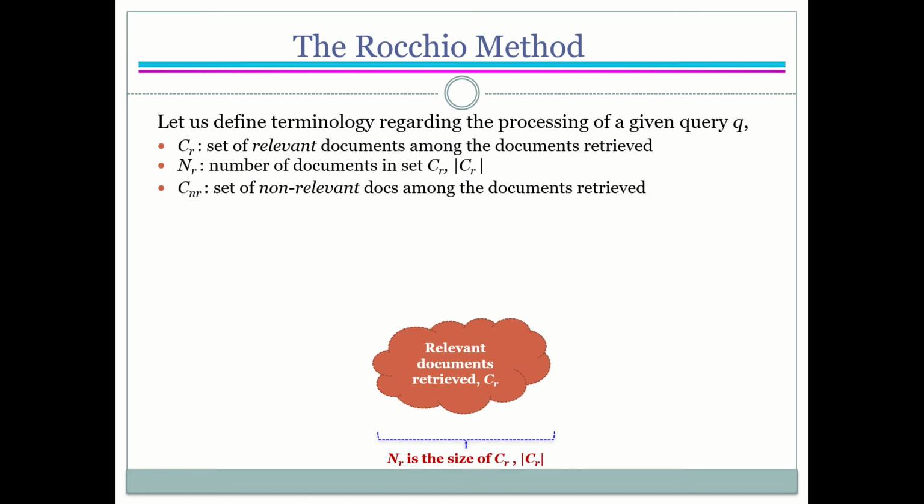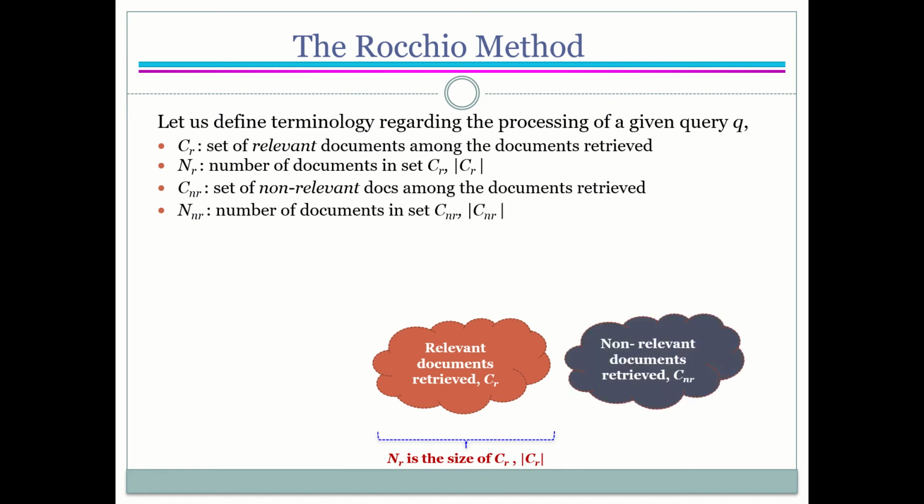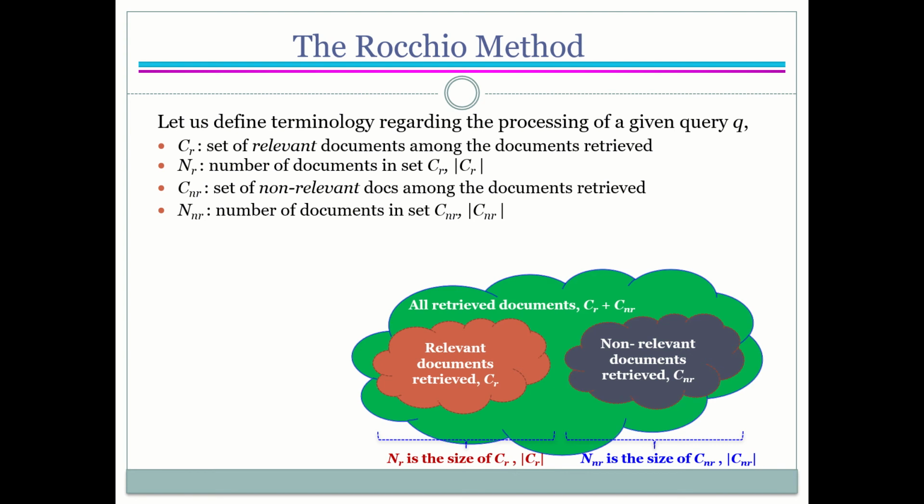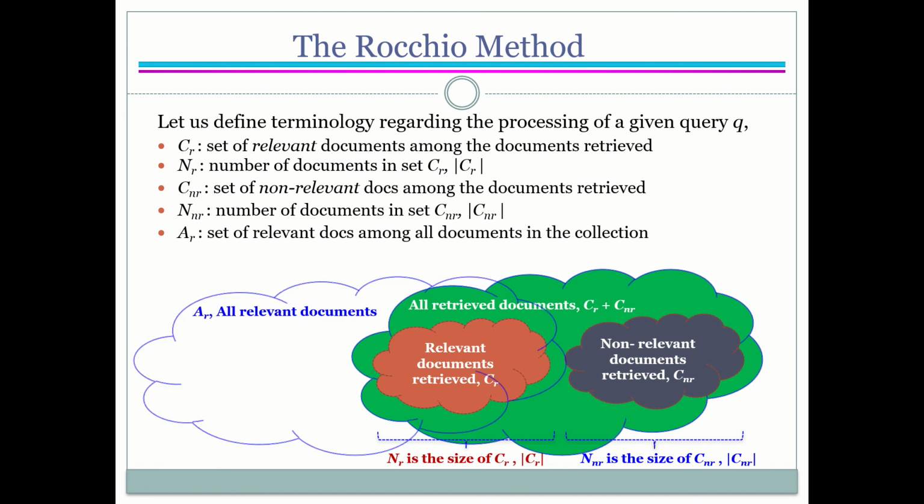And then we also have the set of non-relevant documents, and the size of this will be NNR. Together, these relevant and non-relevant documents make up the total retrieved documents that we have. And of course, we have some other relevant documents which are not retrieved. So we will have a set of all relevant documents, and let N be the number of documents in the whole collection. We will use these symbols later on in the Rocchio method.